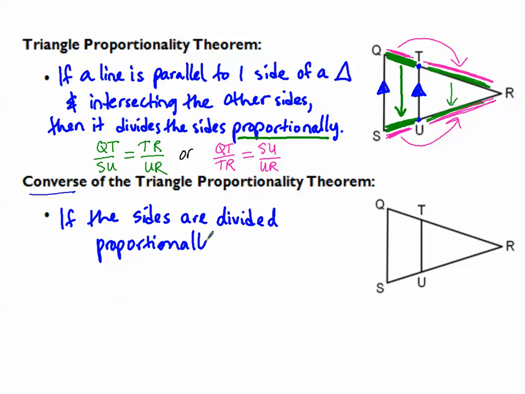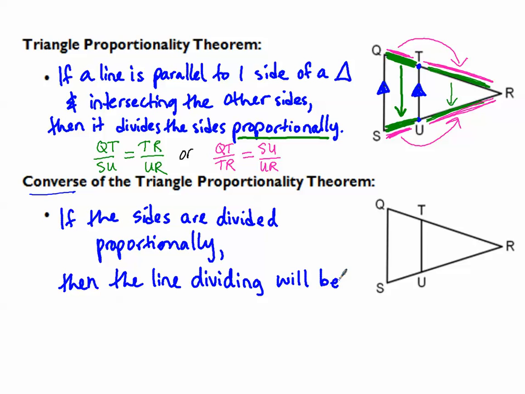So if we start by seeing that these proportions are true, this side over this side equals this side over this side, or some sort of proportionally divided sides, then the line dividing will be, well, what do we start with over here? Parallel. Then the line dividing will be parallel to the triangle's side.